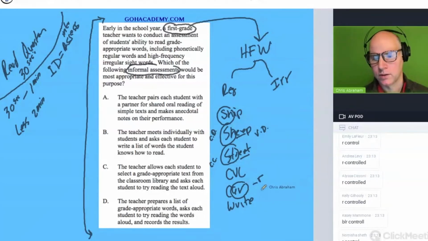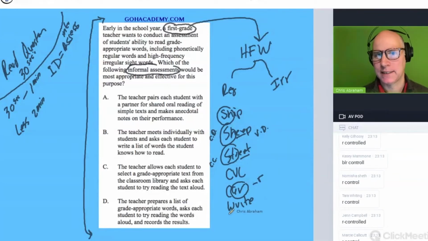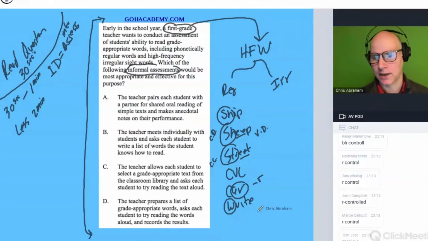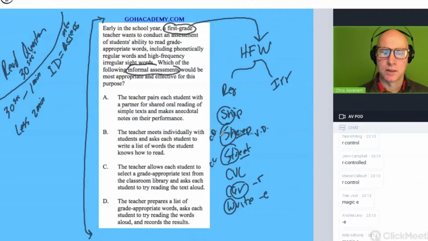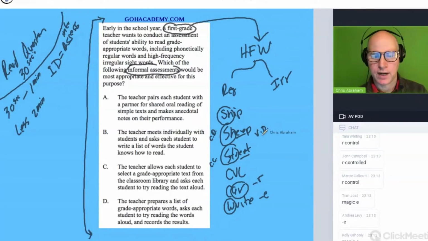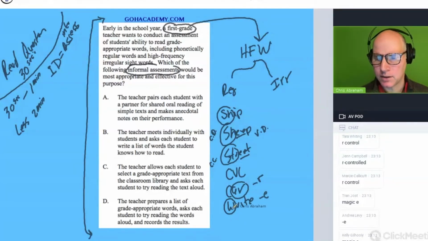R-controlled. Right has two things: silent letter, as well as magic E. Okay, so these are high frequency regular words: consonant digraphs, vowel digraphs, consonant clusters, controlled R, magic E, things like that.